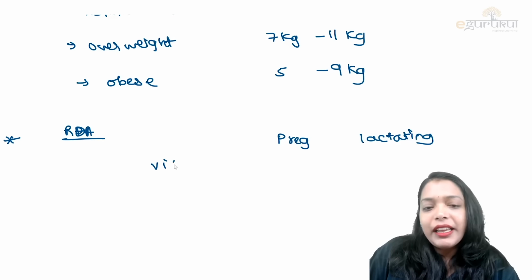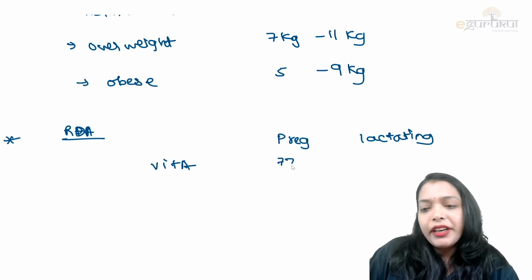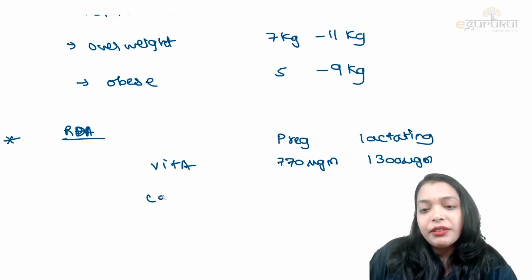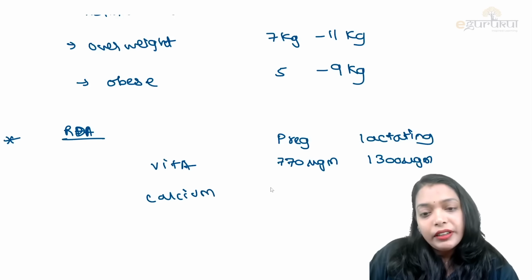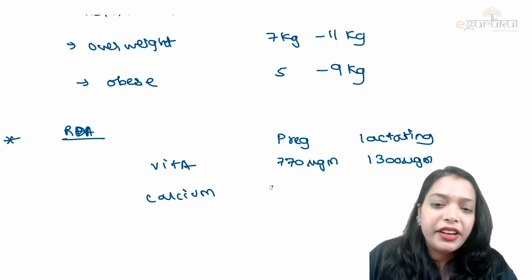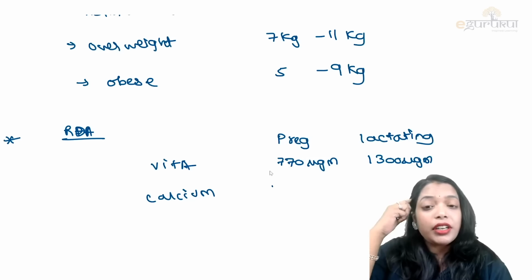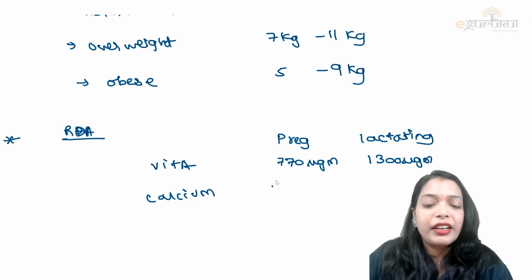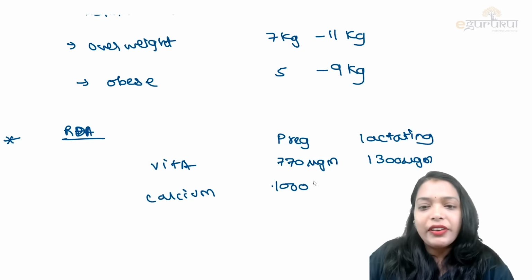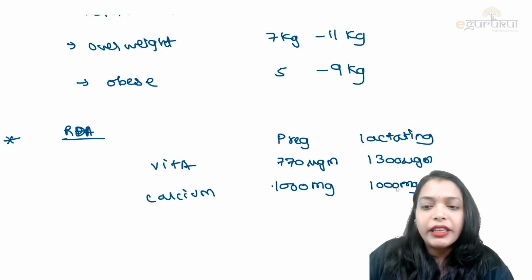For vitamin A in pregnancy, it is 770 micrograms. In lactation, it is 1300 micrograms. Calcium: previously we used to write 1200 in pregnancy and 1200 to 1500 in lactating, but this Williams has given 1000 milligrams for pregnancy and 1000 milligrams for lactation.